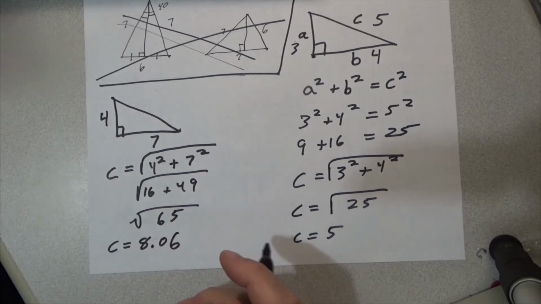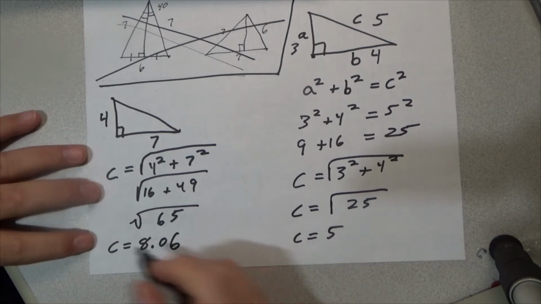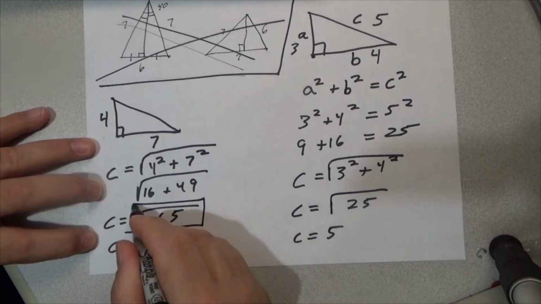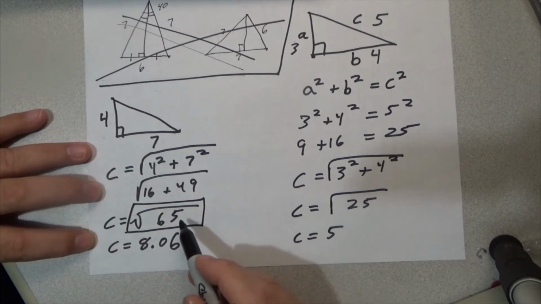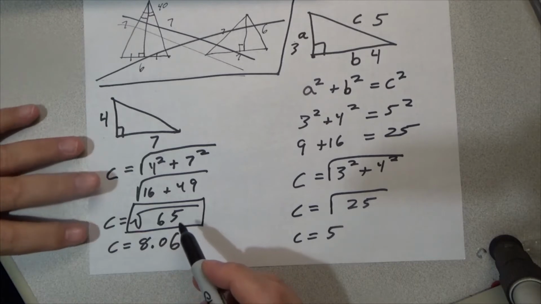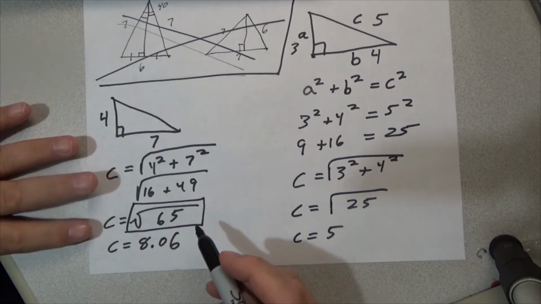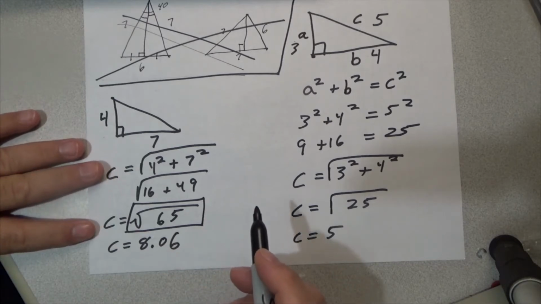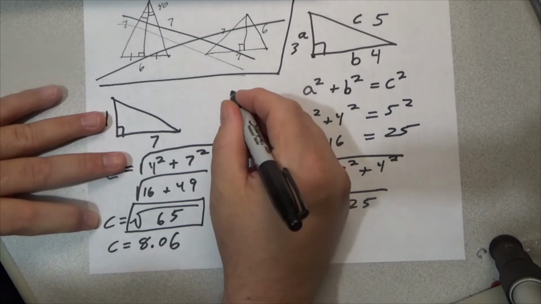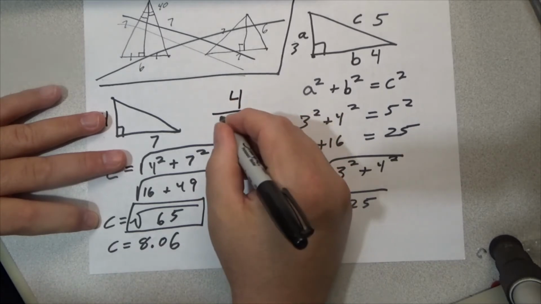Now, sometimes I would want to leave it just like that, except we would want to pull out even square roots. That's not part of this class. Pulling out even square roots is exactly the same thing as reducing fractions. You would never write the answer of a fraction as, say, 4/16.